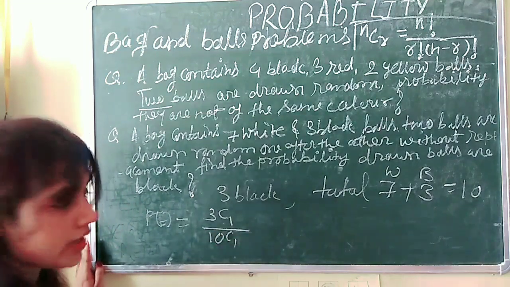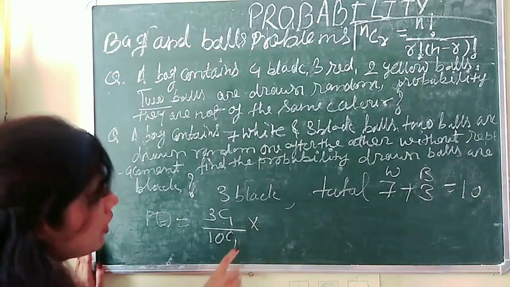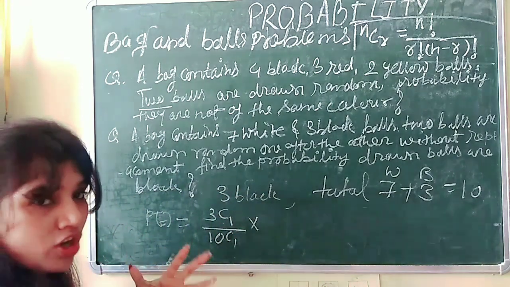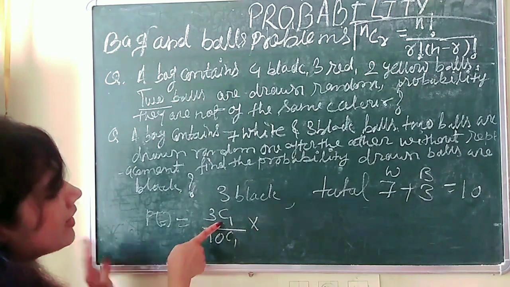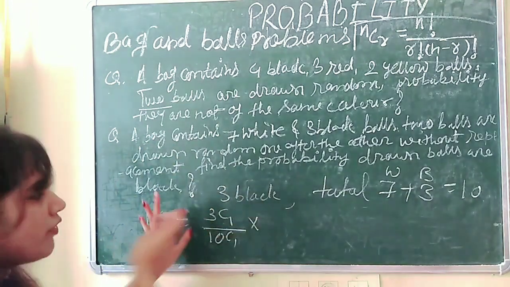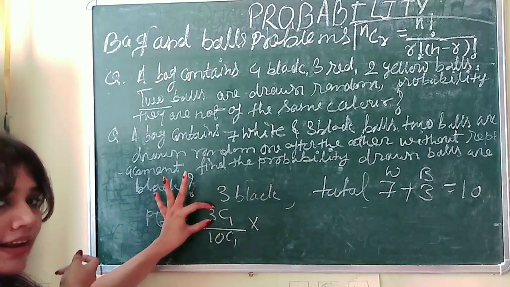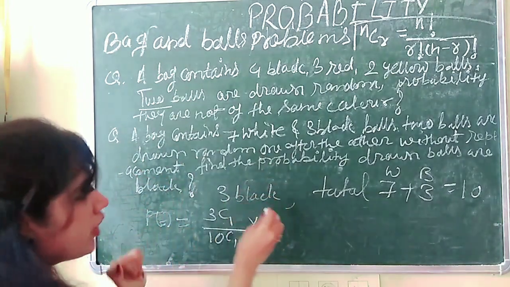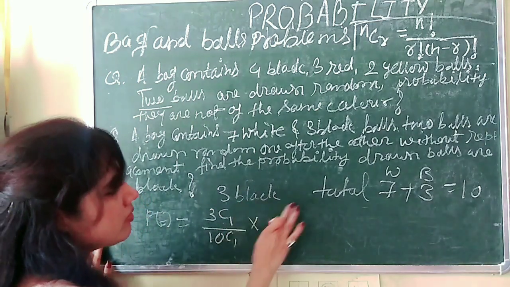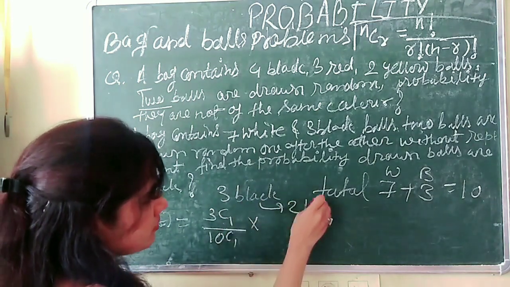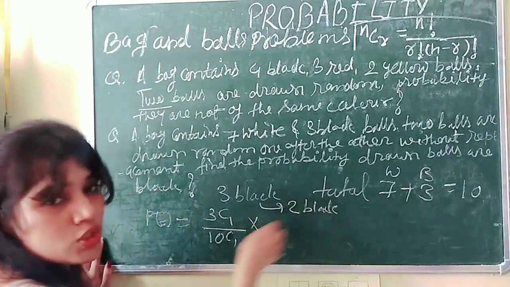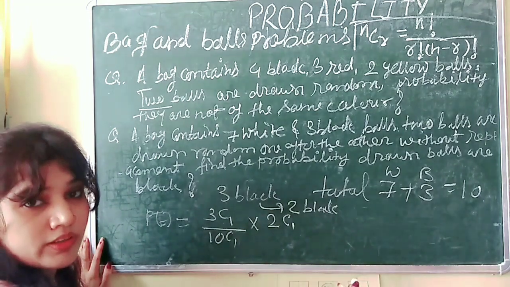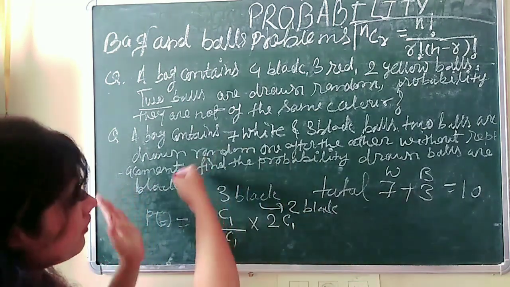10C1. Now we will put cross, because the first is drawn and then after that the second ball will be drawn. We have already taken one ball from these 3 balls. Now how many black balls are in the bag? Only 2. So we will make the combination from 2 black balls, 2C1, for the other ball which is drawn after the first ball.